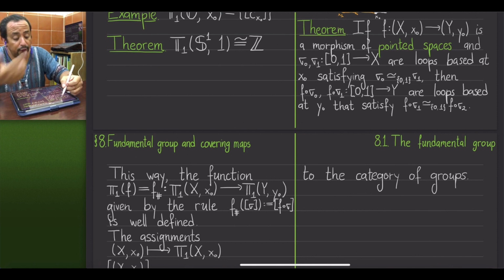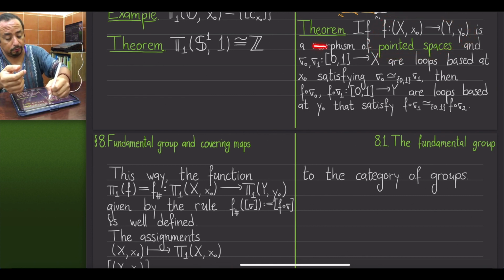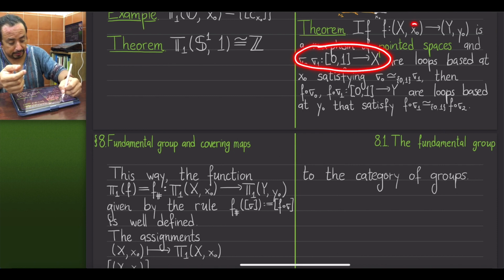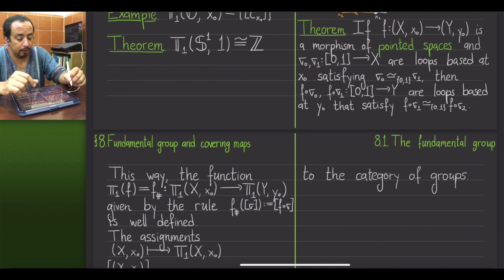All right. If I have such a morphism of pointed spaces, and you give me two loops in x based at x naught, if they happen to be homotopic relative to endpoints, then notice, I have my loop here in this space, and I have my function.